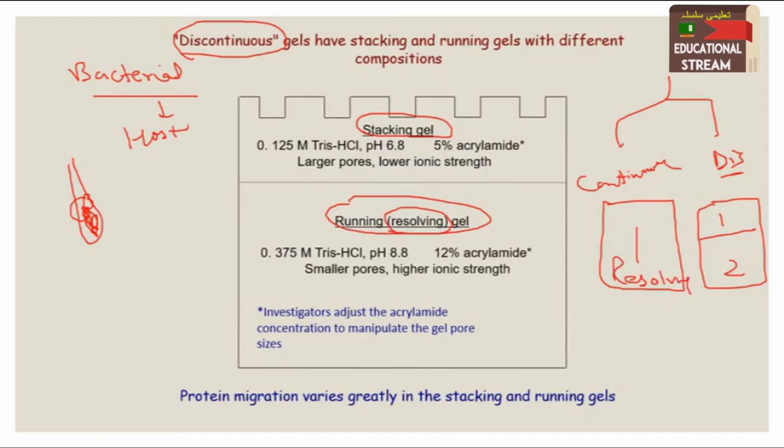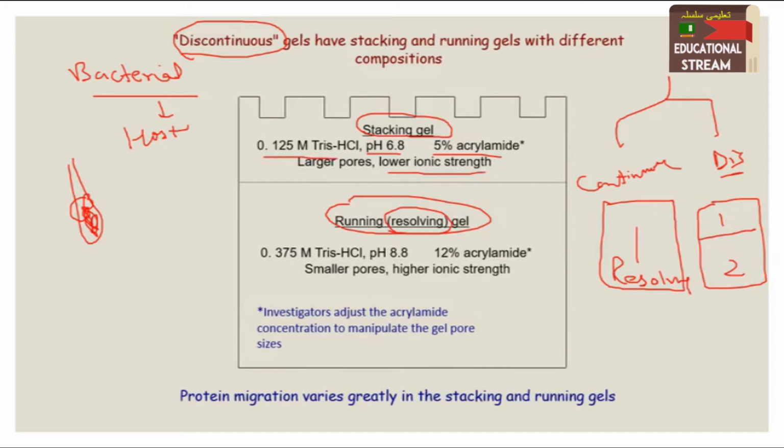What is the purpose of the stacking gel and what is the difference between the stacking gel and running gel, we will discuss now. In case of stacking gel, the percentage of the gel is less. We use less percentage as well as less pH. It means that ionic strength is kept lower because we are using a lower concentration of salt, and the ionic strength is related to the salt concentration in the buffer.